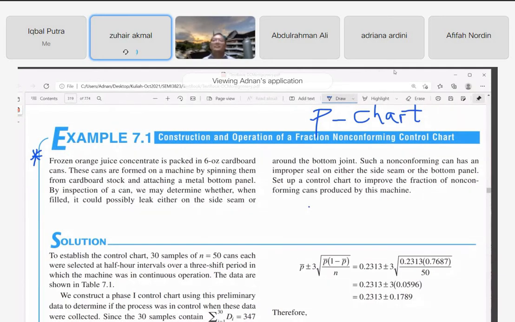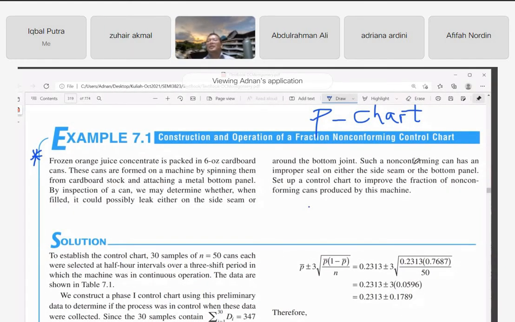By inspection of a can, we may determine whether, when filled, it could possibly leak either on the side seam or around the bottom joint. Such a non-conforming can has an improper seal on either the side seam or the bottom panel. Set up a control chart to improve the fraction of non-conforming cans produced by this machine. Okay, very good.